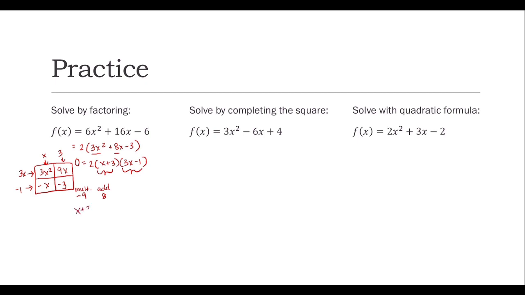So x plus 3 equals 0 or 3x minus 1 equals 0. So we'll subtract 3 from each side here to get that x equals negative 3. Here we'll subtract 1 and we get 3x equals negative 1. And then we'll divide by 3 to get x equals negative 1/3. So our solutions to the first one are x equals negative 3 and x equals negative 1/3.